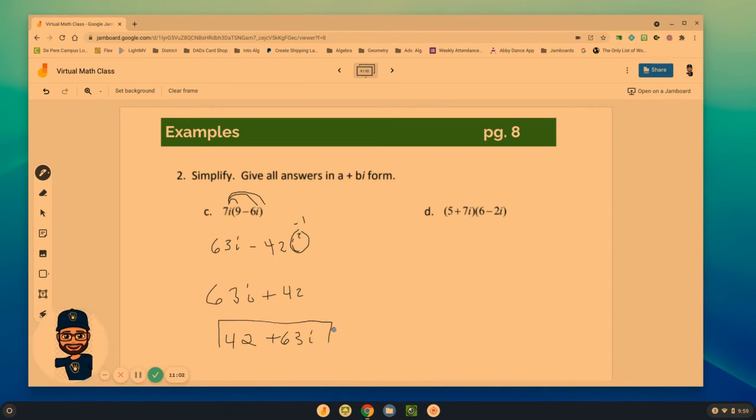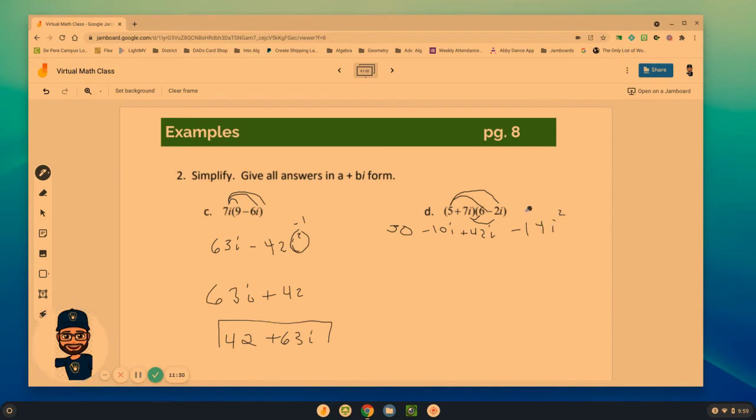And the second one, we've got 4 multiplications to do. 5 times 6, that's my 30. 5 times negative 2i is negative 10i. 7i times 6 is a positive 42i. 7i times negative 2i is negative 14i squared.